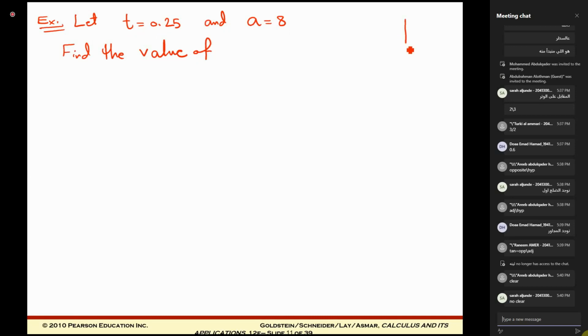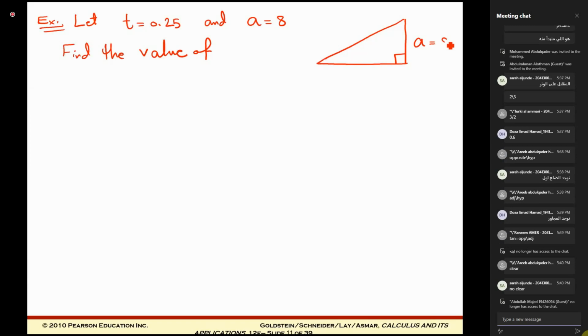If we have the right triangle, a equals 8 and t equals 0.25. Okay. And we need to find number 1, b here. Number 2, find the c, which is the hypotenuse. Okay.